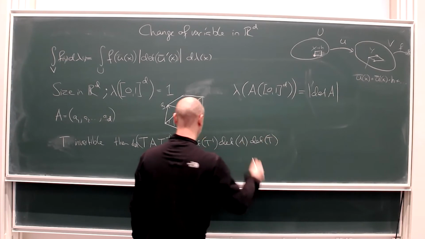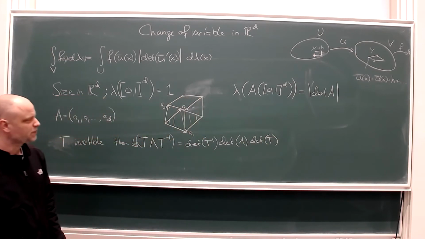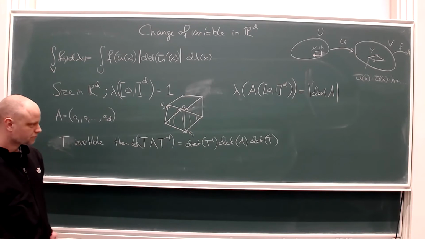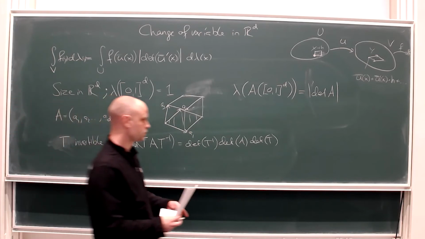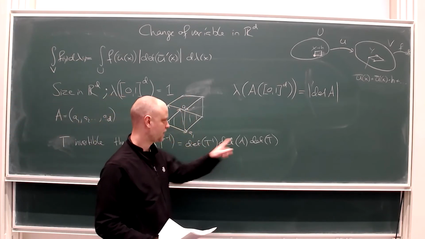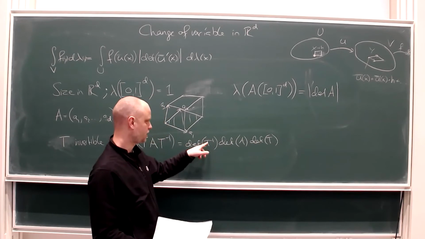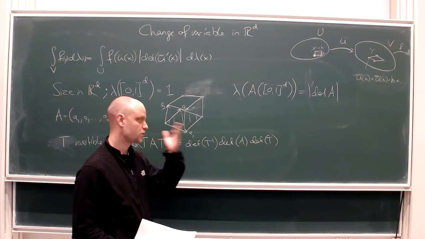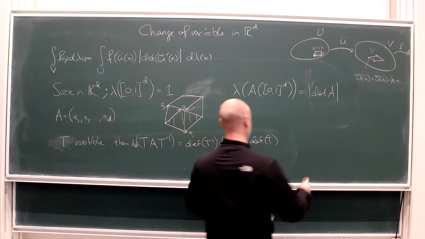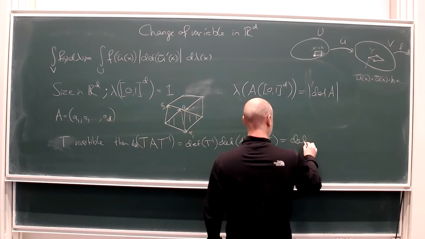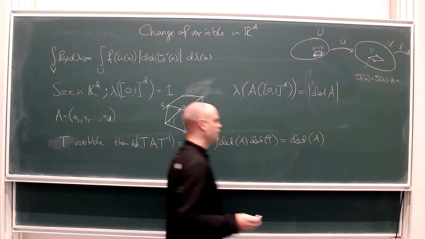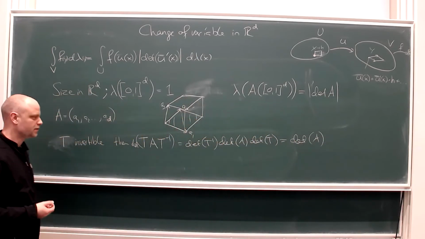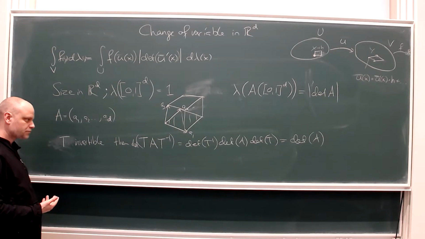We have this formula, which we also learn in linear algebra. Now I can multiply this guy with that guy, put them together, and you get T inverse times T. That's the identity matrix. The determinant of the identity matrix is equal to 1. So at the end of the day, I just get the determinant of A here, right?